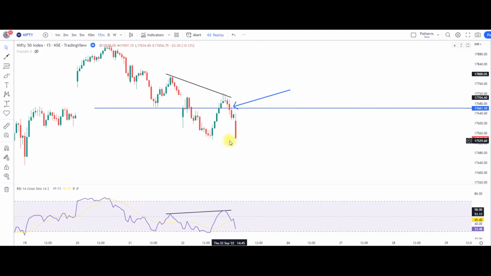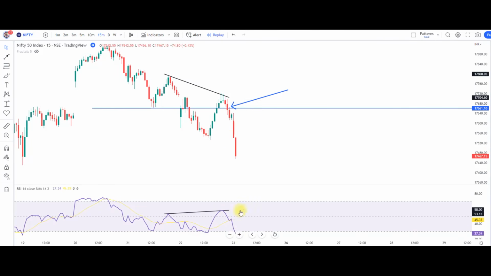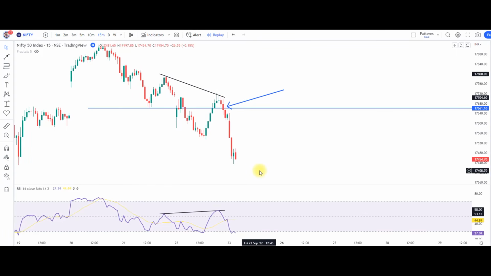The RSI and the price are also moving in the same direction. See, RSI is also coming down and price is also falling down.